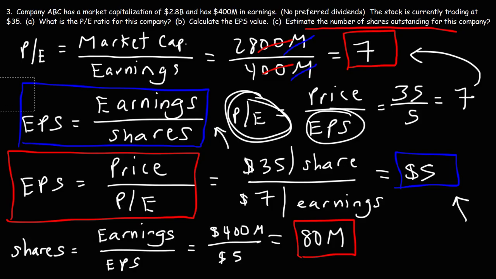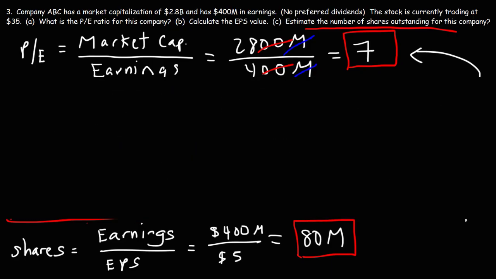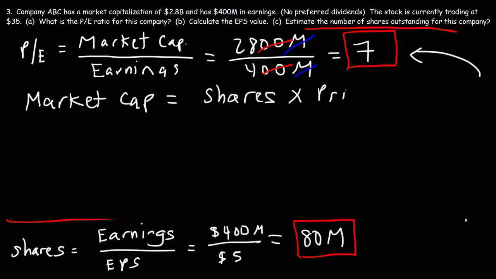The other way is by using the market cap. Earlier in this video, we said that the market capitalization is equal to the shares outstanding times the price of the stock.